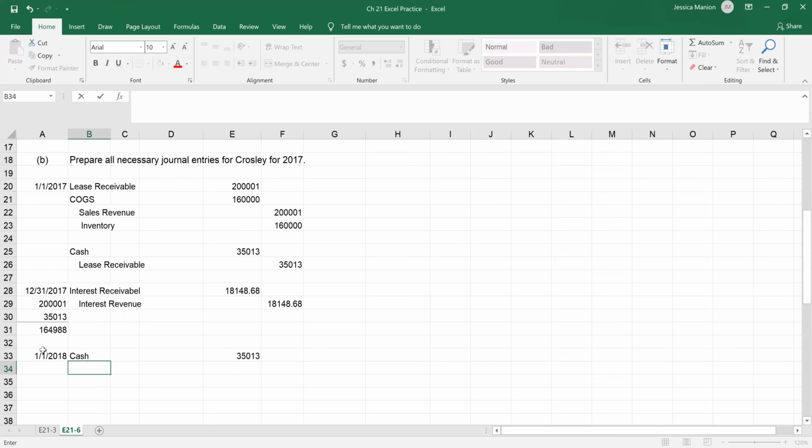But now we're going to have a credit to interest receivable, and then we're also going to have a credit to lease receivable.